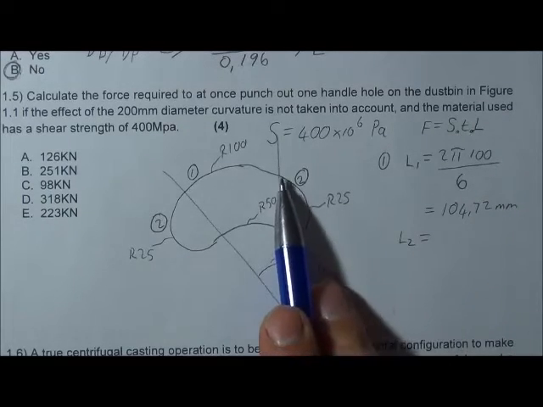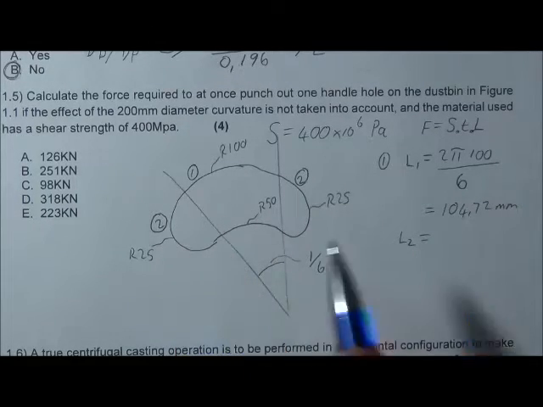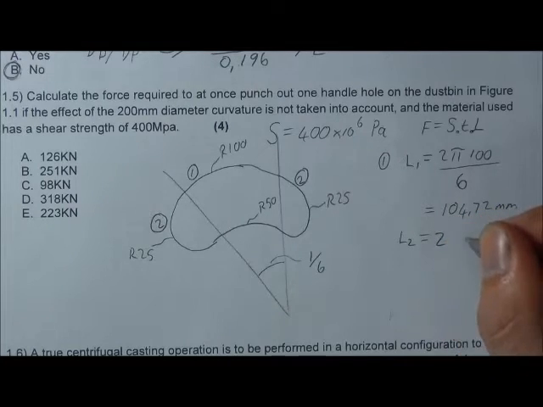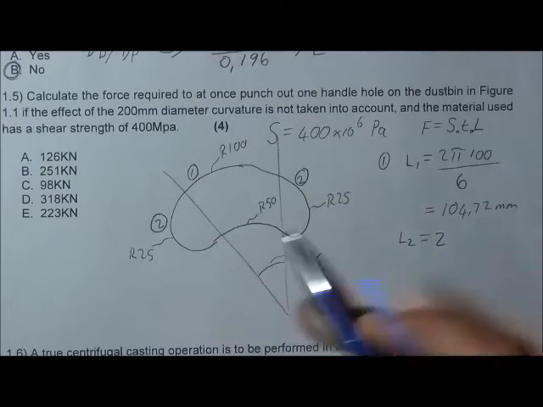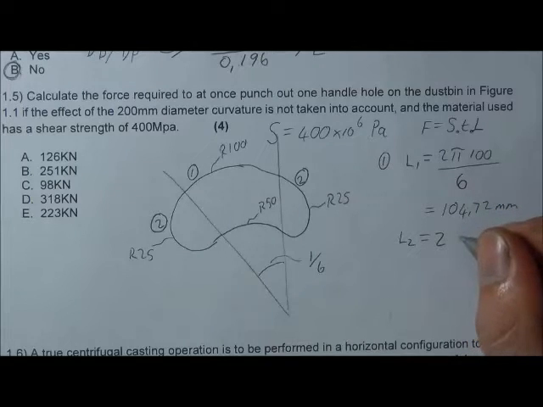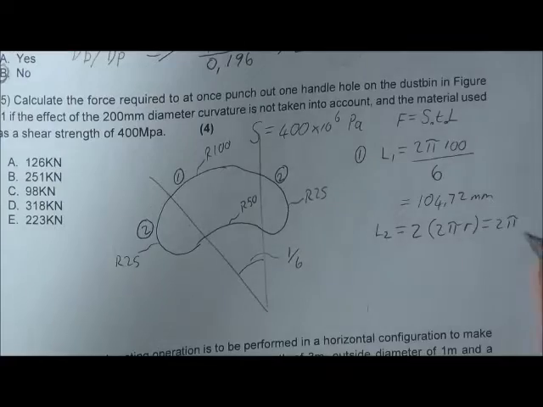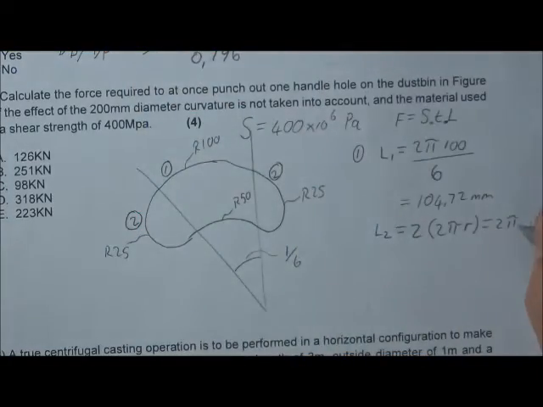So length 2 is this side and that side added together, so it is 2 times this arc length, which is 2 pi r, times 25.